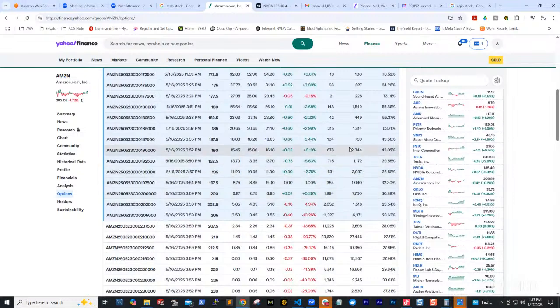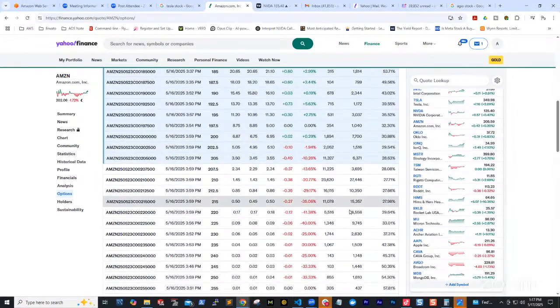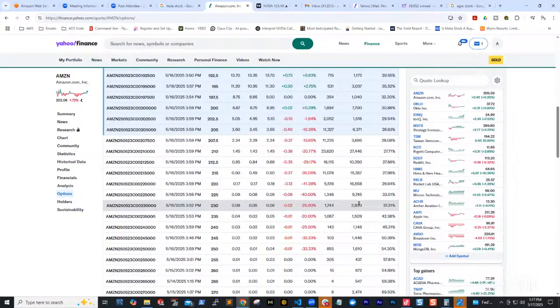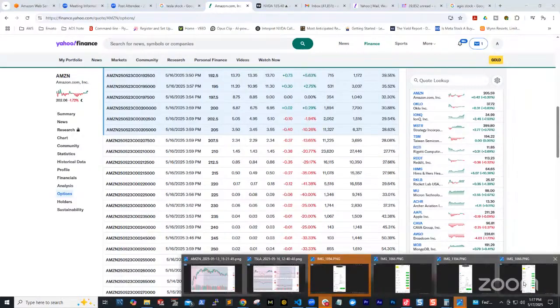But if you look at this one for Amazon for 220, technically this is the contract that I told you guys I was making 15,000 on. I didn't cash out; what I ended up doing is rolling the contract into next week. So I lost the 15,000 on it, but I extended my expiration date.